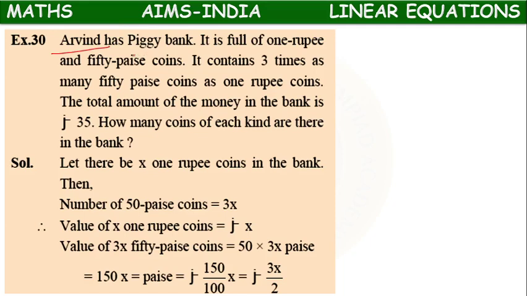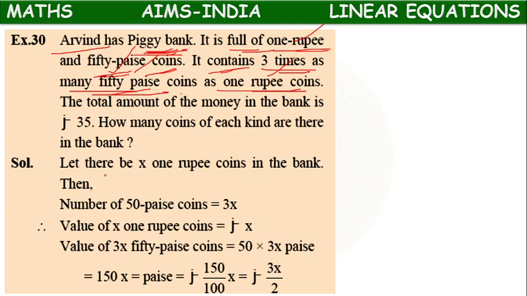So Arvind has a small piggy bank for saving money. It is full of 1 rupee and 50 paise coins. It contains 3 times as many 50 paise coins as 1 rupee coins. Means they have compared 50 paise coins with 1 rupee coins.